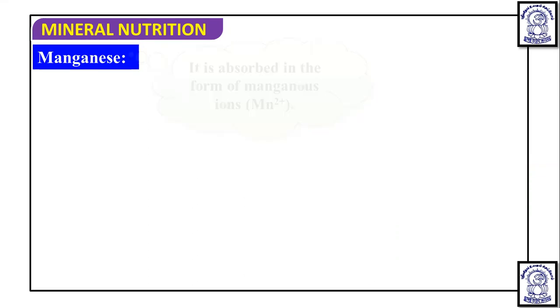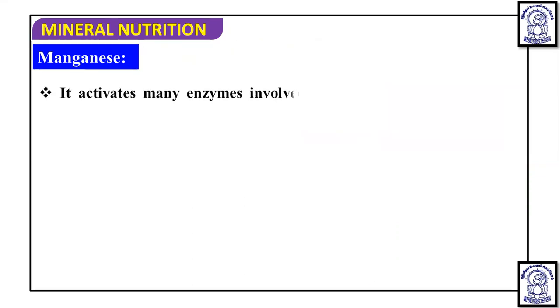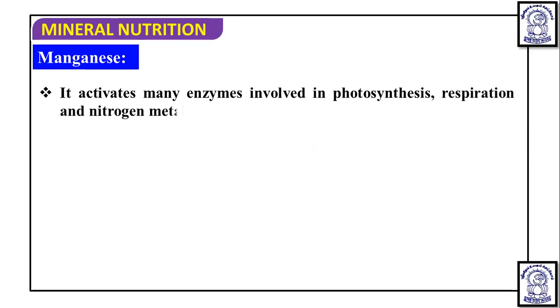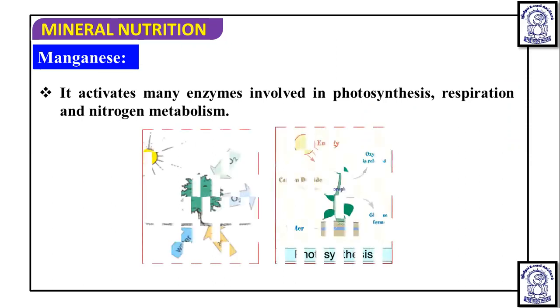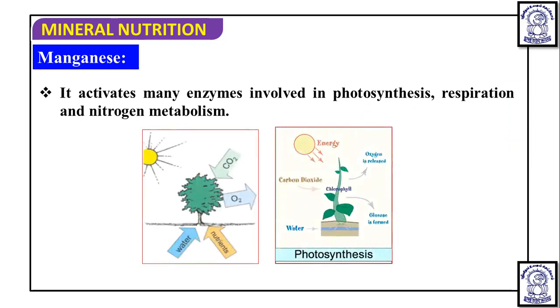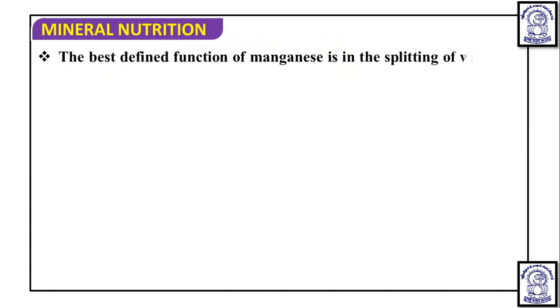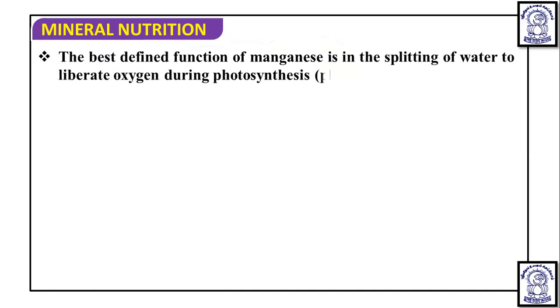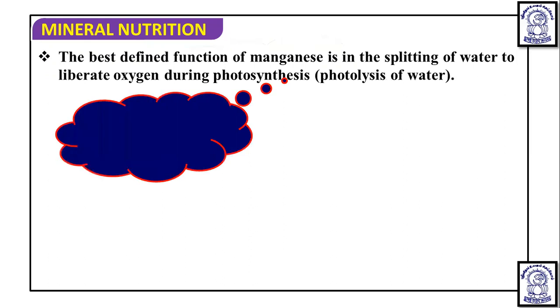Now it is also known that manganese activates many enzymes involved in photosynthesis, respiration and nitrogen metabolism. In photosynthesis, specifically during the photolysis of water, this manganese is required. The best defined function of manganese is the splitting of water, that is the photolysis of water, to liberate oxygen during photosynthesis.